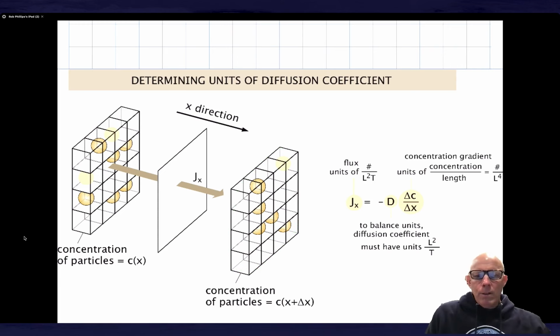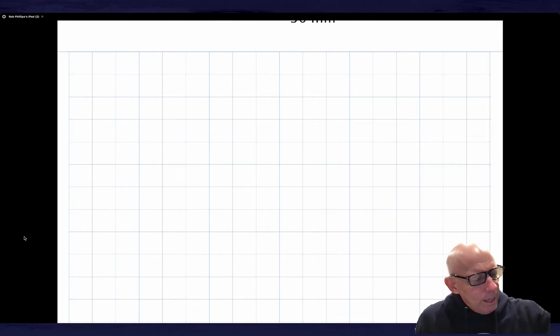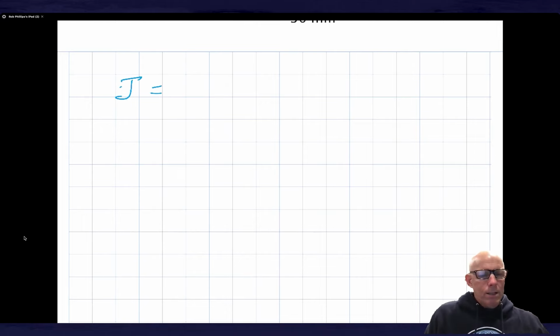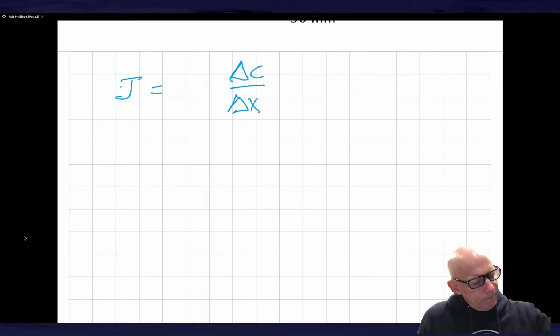And the thing I want to find out is, how does the flux depend upon this concentration? And what I'm hoping that you're going to say to yourself is, well, okay, so I somehow want a relationship between the concentration and the flux.